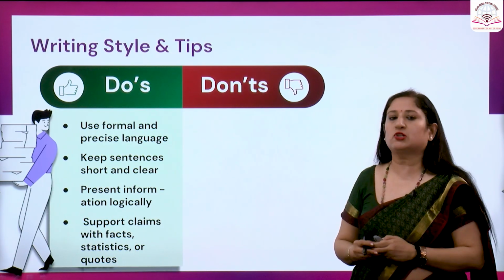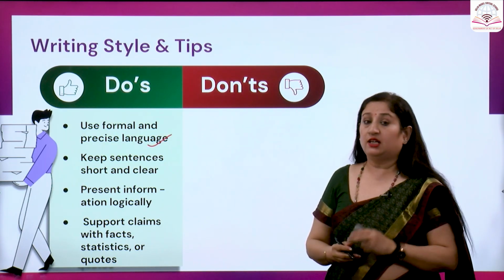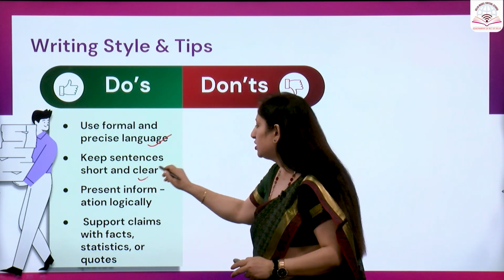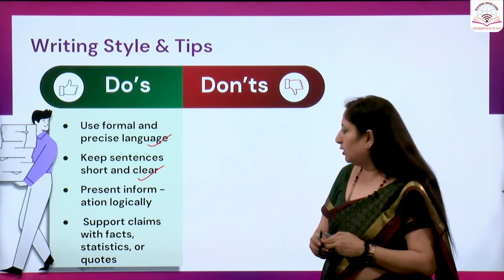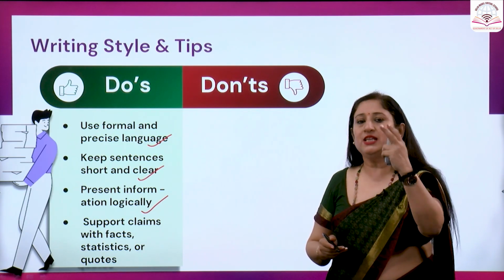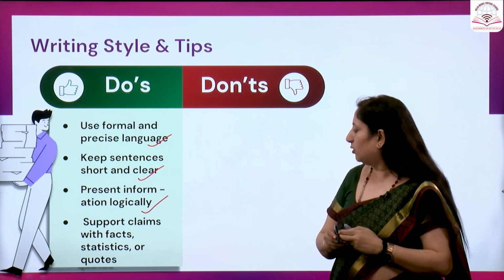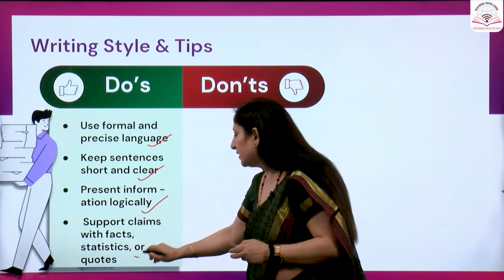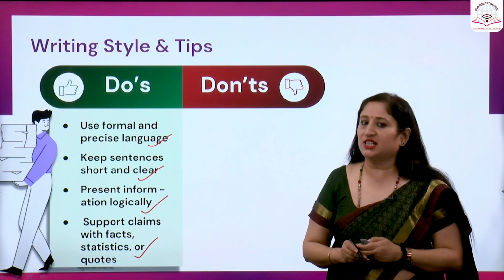When we talk about some do's, you have to use formal and precise language. You have to keep your sentences short and clear. You remember, it is a concise report. Also, present information logically, that is, it should be structured and in a chronological or logical manner. Also, you have to support claims with facts, statistics, quotes or any other data which is available.